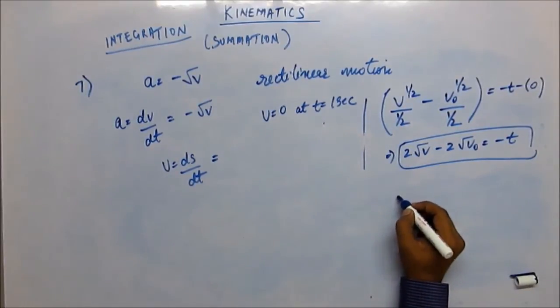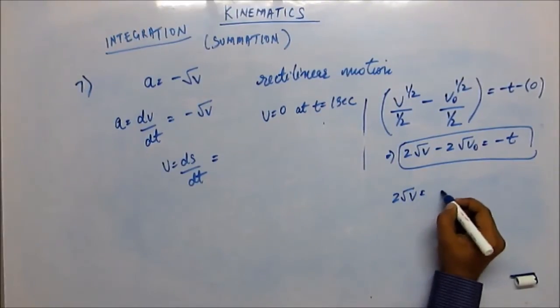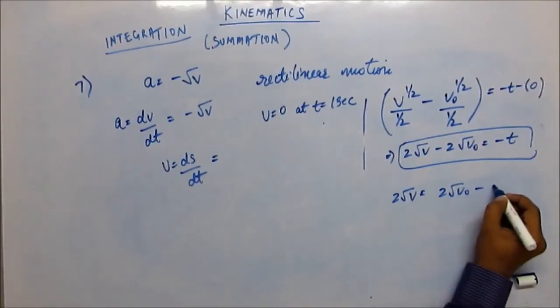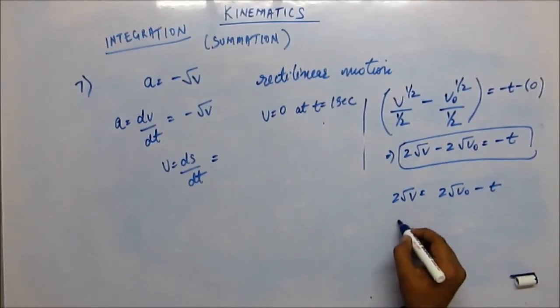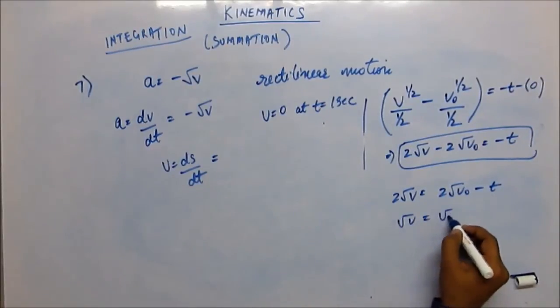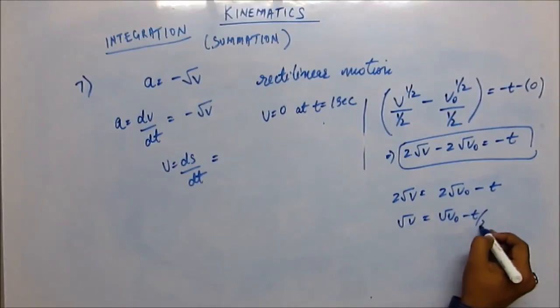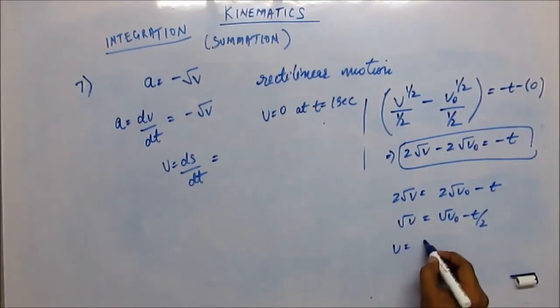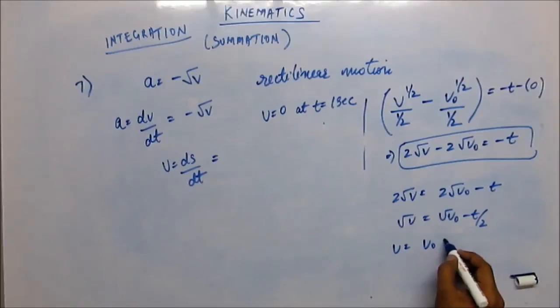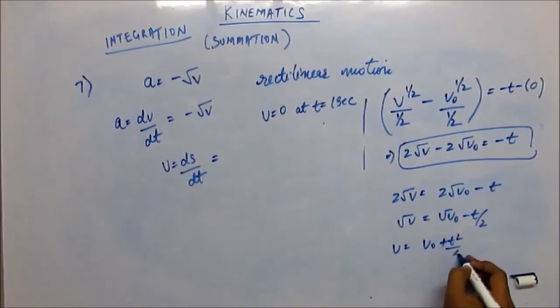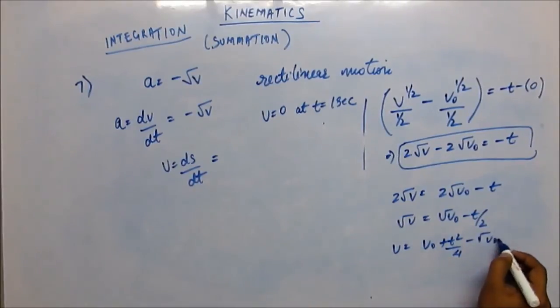So 2 root v is 2 root v naught minus t. So root over v is root over v naught minus t by 2. V is v naught plus t squared by 4 minus root v naught into t.